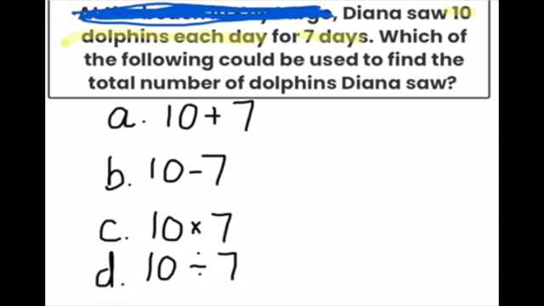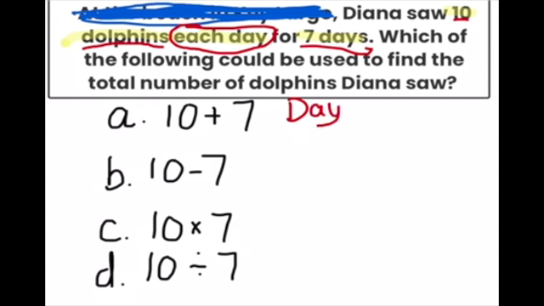Okay, so my next suggestion, as always, is to understand that information. So, of course, she saw 10 dolphins each day. That's very important. For how many days? 7 days. So you could draw a picture to imagine this, or you can write it out. I'm going to write it out this time.